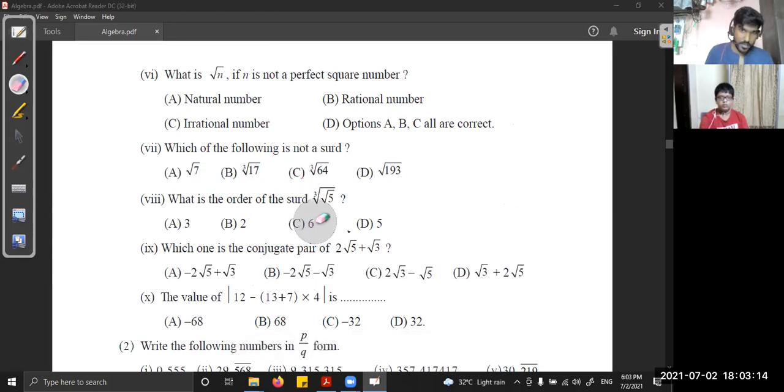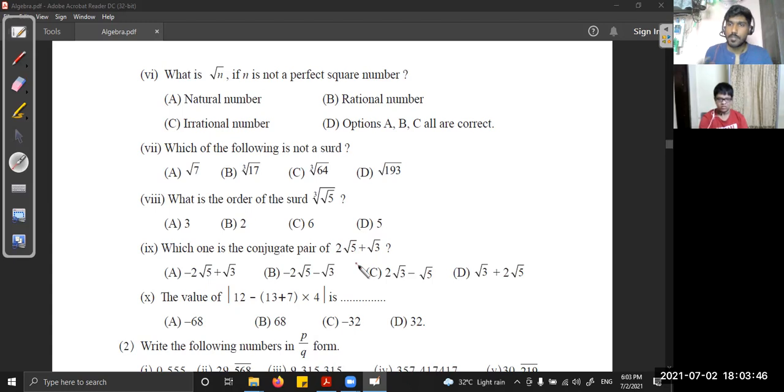Conjugate pair. So it should be 2 root 5 minus root 3, right, sir? In C. Okay, yes. Well, the meaning of conjugate is you have to change the sign of any one term. Usually we just change the sign in the middle.